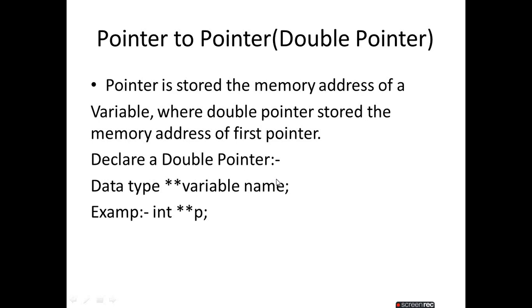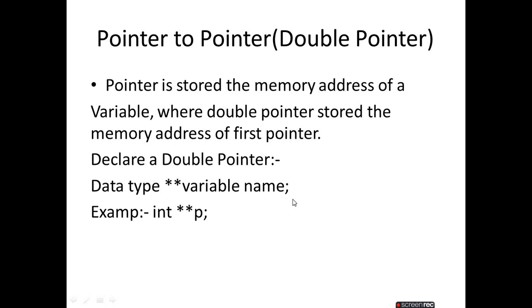Same with a double pointer or pointer to pointer: it stores the memory address of the first pointer. That is also called a double pointer. Double means two pointers. So the second pointer, or double pointer, stores the memory address of the first pointer.